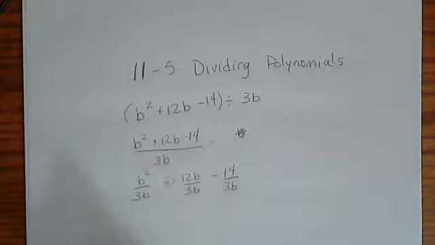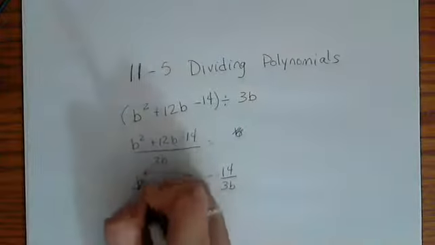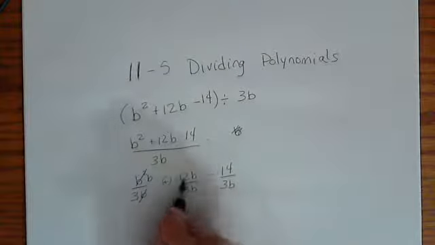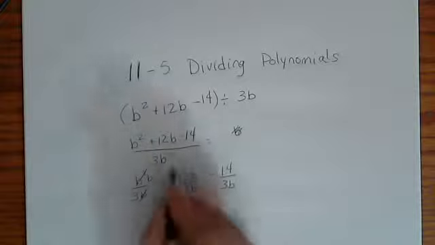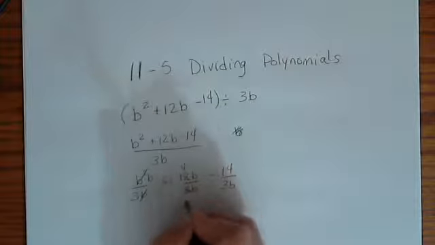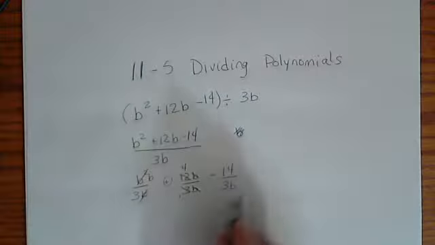Now we can reduce each and every one of these fractions. So here I have a b squared on top and a b on the bottom. So that means that b will cancel with that one, and I'll just have a b left. And here I've got a 12 on top and a 3 on the bottom, so 3 goes into 12 4 times, 3 goes into 3 1 time, a b on top and a b on the bottom.